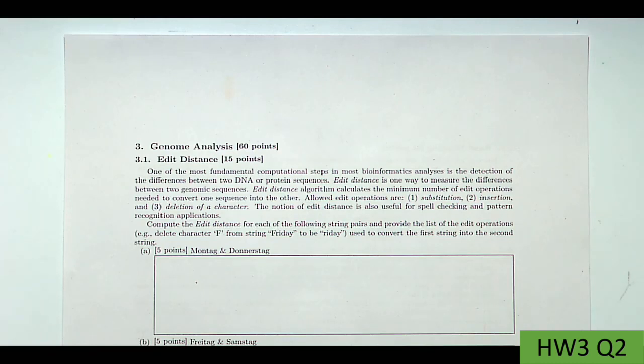Okay, very good. All right, so edit distance is the minimum number of edit operations that you need to do so that one of the sequences will be similar to the other one. Those edit operations are of 3 types: substitution, deletion, or insertion.